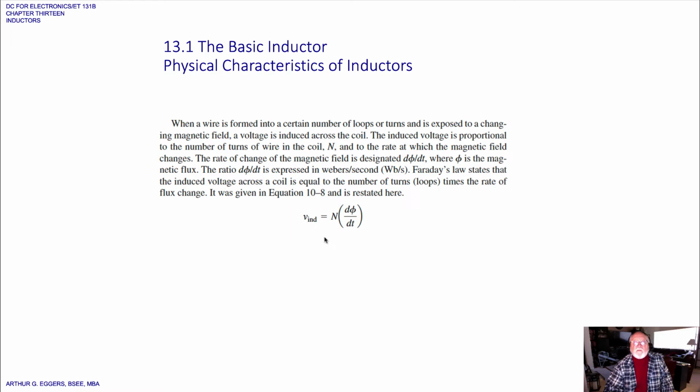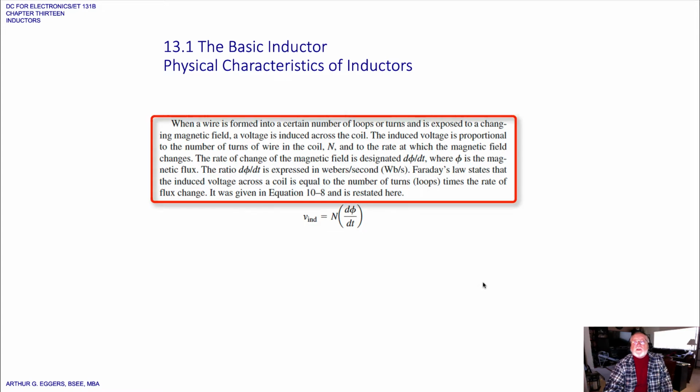You can see now what we have is our induced voltage representation now relating to the number of turns and the change of the magnetic field. Now we have d phi by dt, where we had L di by dt. When a wire is formed into a number of loops or turns and is exposed to a changing magnetic field, a voltage is induced across the coil.